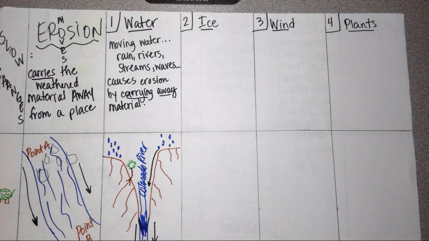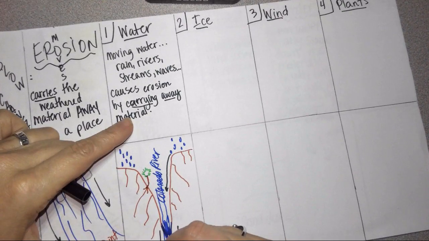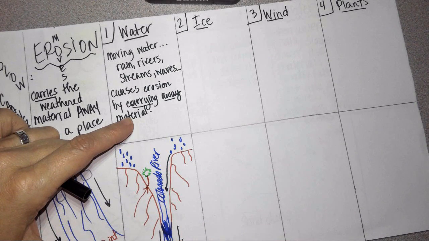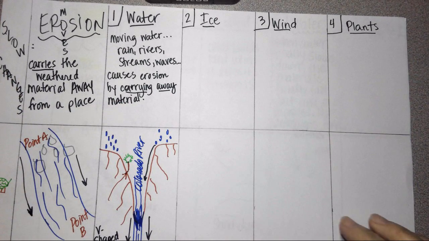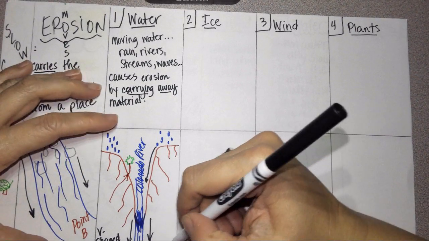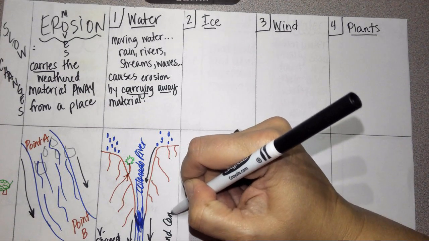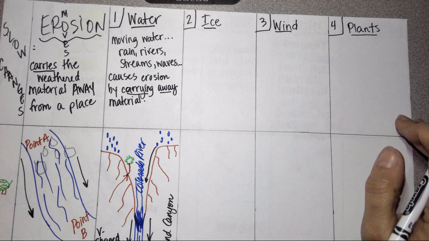Okay. So this is the V-shaped valley, right? So this example is the Grand Canyon. So the Grand Canyon is a V-shaped valley. Okay?